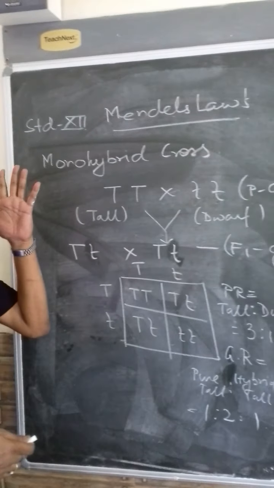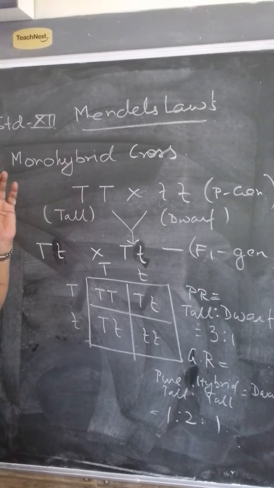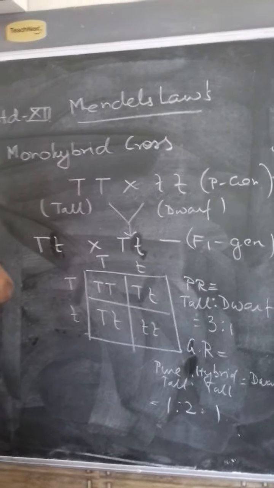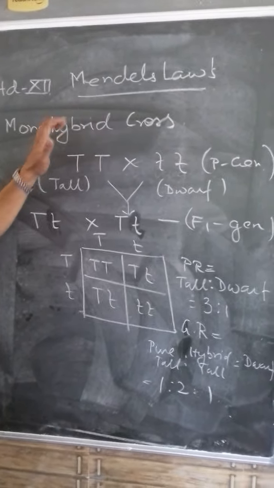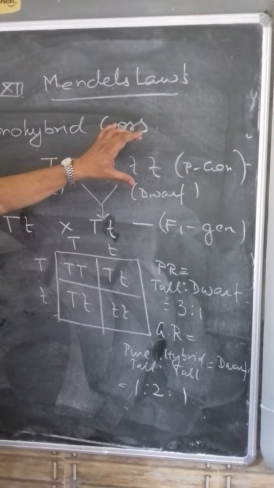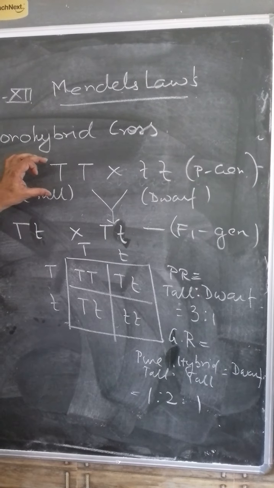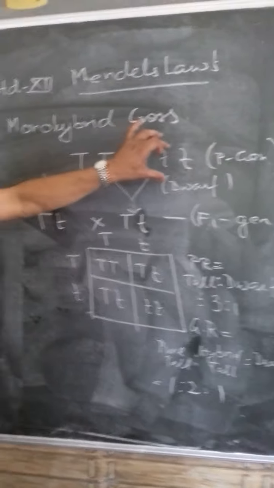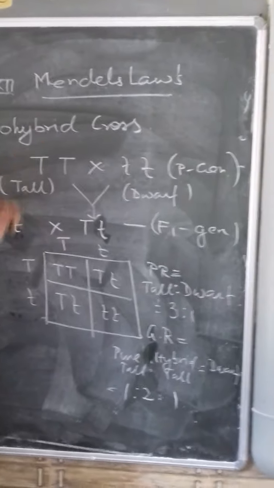Now, usually we say in a monohybrid cross, we cross a plant with one character. The character here is, let us take for example the tall plant and the dwarf plant. In the parental generation we have a pure tall, which is expressed by capital T and capital T, and a pure dwarf, small t and small t, which are known as pure lines.